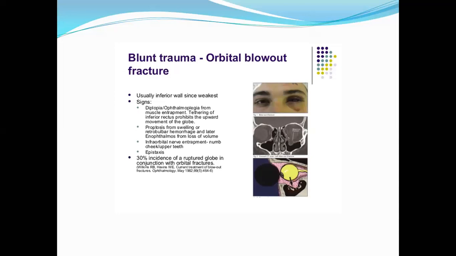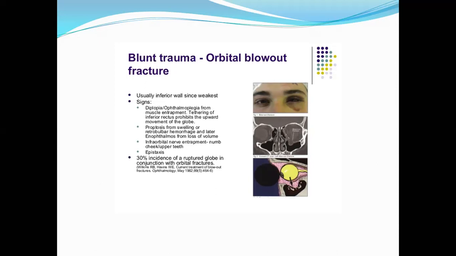Tethering of the inferior rectus prohibits upward movement of the globe, and proptosis means the bulging out of the eye due to swelling or retrobulbar hemorrhage, and later on enophthalmos from the loss of volume, as we know that the volume is sunk into the maxillary sinus due to entrapment of the muscles too.